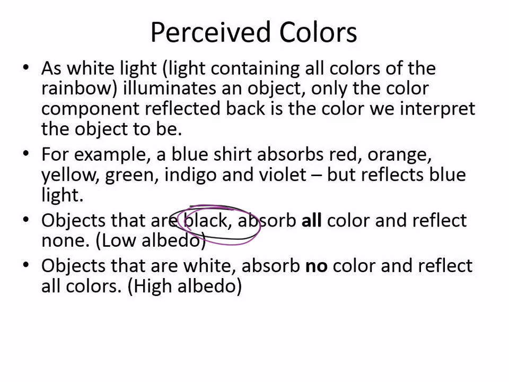It has a very low albedo, low percent reflectivity. If something's white, white light hits it, Roy G. Biv hits it, and Roy G. Biv is scattered back. And this is where our eyeballs are so cool. Our eyeballs actually mix those wavelengths from their components back into a composite white color. Isn't that cool?